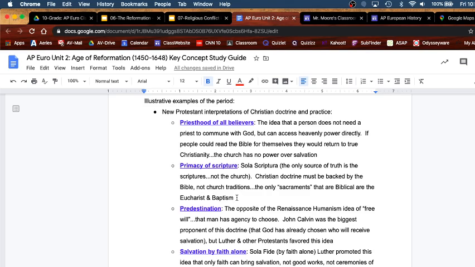Other than those two things, Martin Luther said everything else that we're doing in the Catholic Church is not scriptural, and thus it should be eliminated. Those are the only two things that he could find in the Bible that the modern church at his time, the Catholic Church, was doing. He said all the other little, ornate rituals that we're doing are not necessary. And so he was trying to get people back to original Christianity.